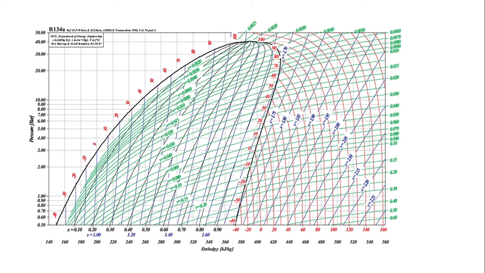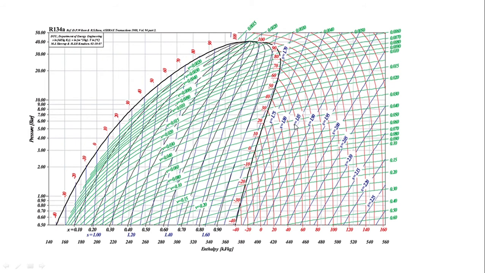Now the next important lines are the constant entropy lines. You can see that the blue lines are the constant entropy lines, which become straight inside the dome. So if you want to see the entropy of 2.15, that line will be here.